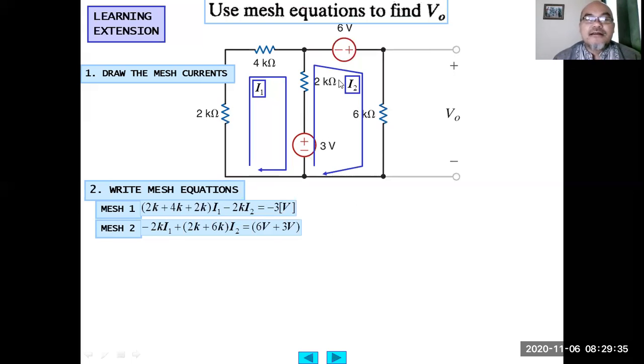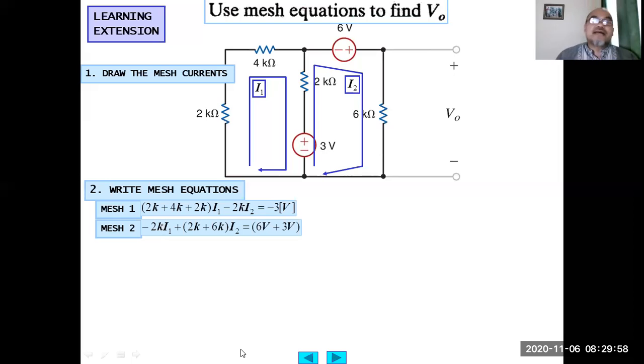Then the second mesh is on the right side here. The coefficient for I1 will be this part, contributed by 2K. But since I1 goes against the direction of I2, we have to put a negative 2K sign there.